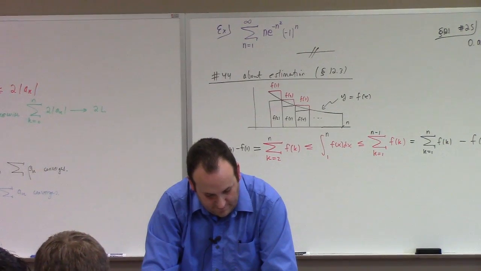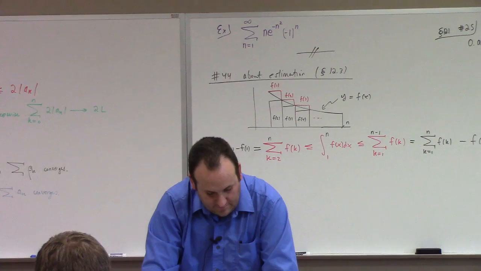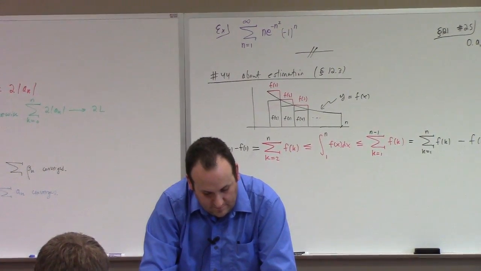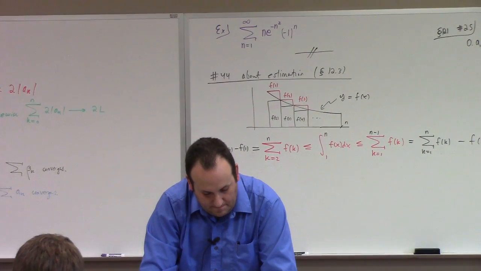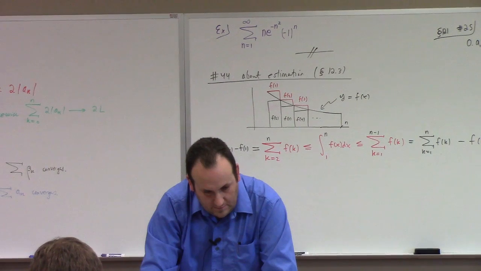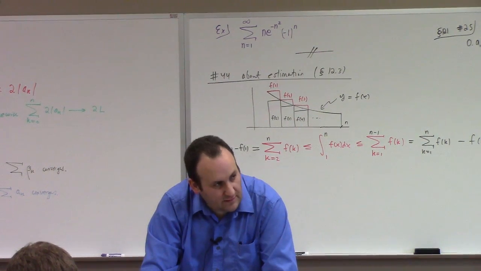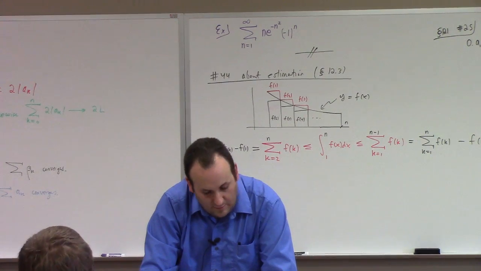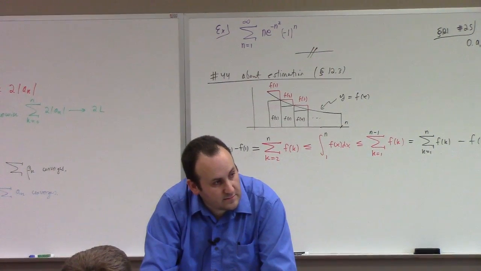Number 32 from 12.3. Yeah, that one is less than or equal to... No, that's greater than or equal to 1 over the square root of k plus 1.